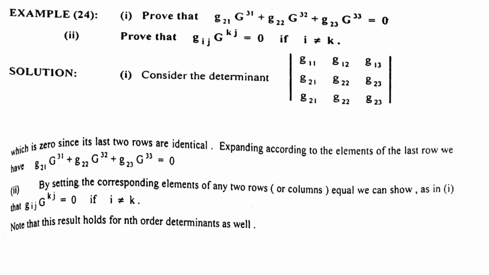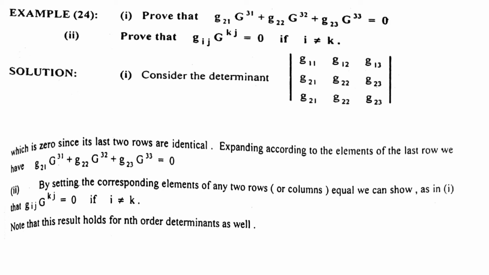It gives the answer 0. It means if we multiply any row with any other row's cofactors, it will give answer 0, and for the determinant we find it with the same row.